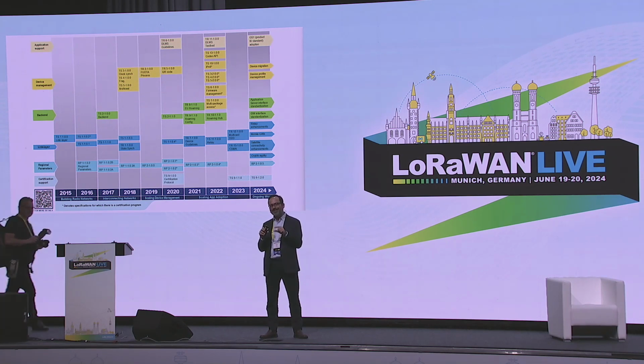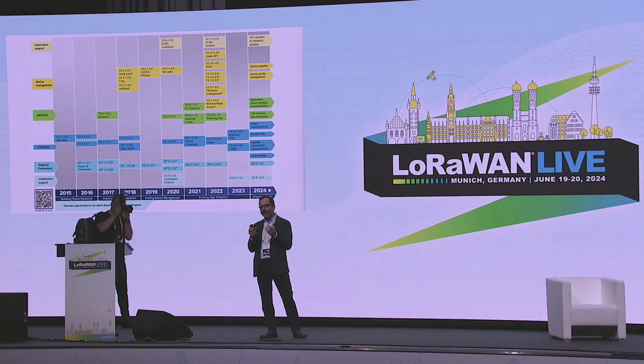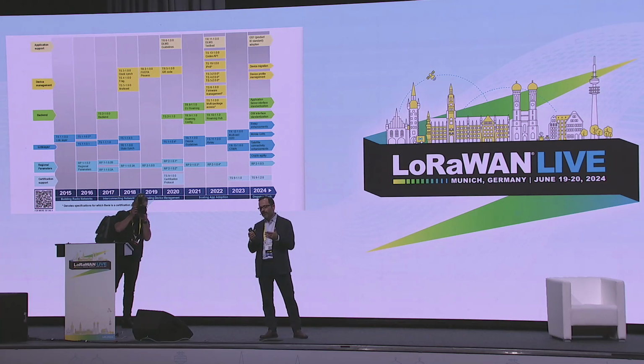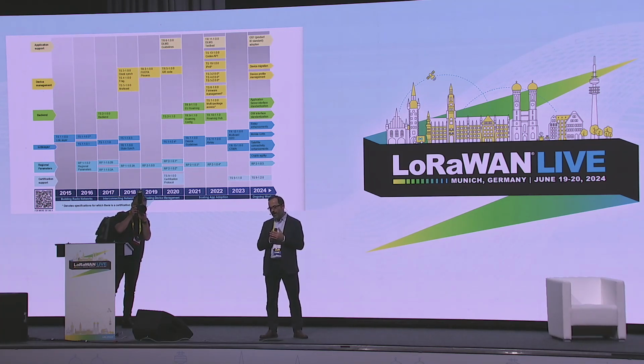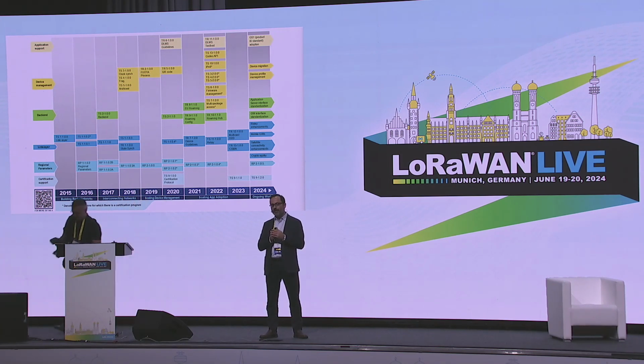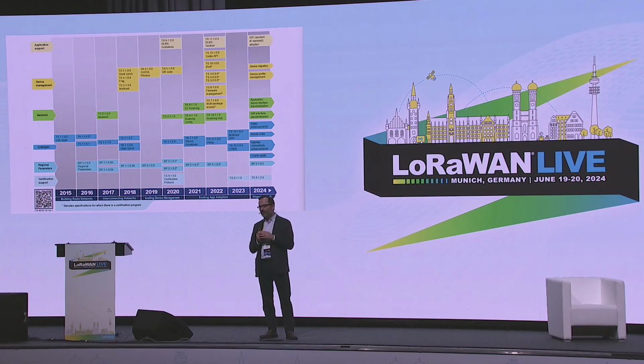Now we are working on a standard one, which will not only be interoperable, but also it'll be superior to many of these available in the market. And similarly, the network server to application server interface, which hasn't been defined up until now, because in many cases, the network server and application server are co-located. But obviously, the architecture allows them to be split into two. And when that happens, we need an API. And this is what we are defining.